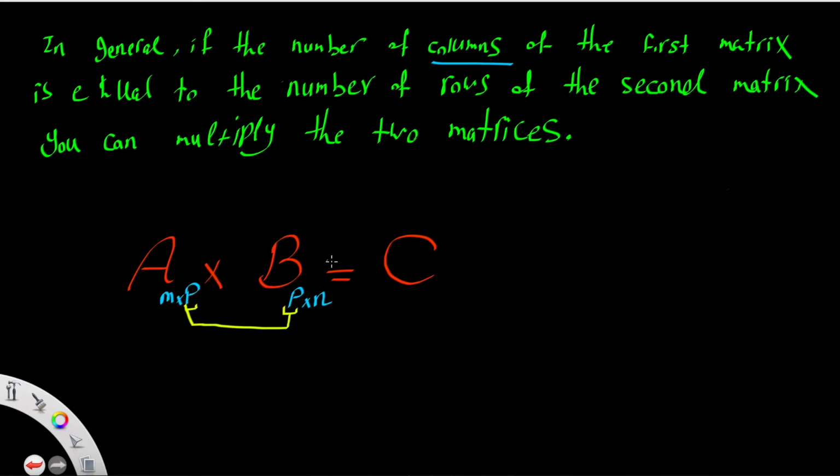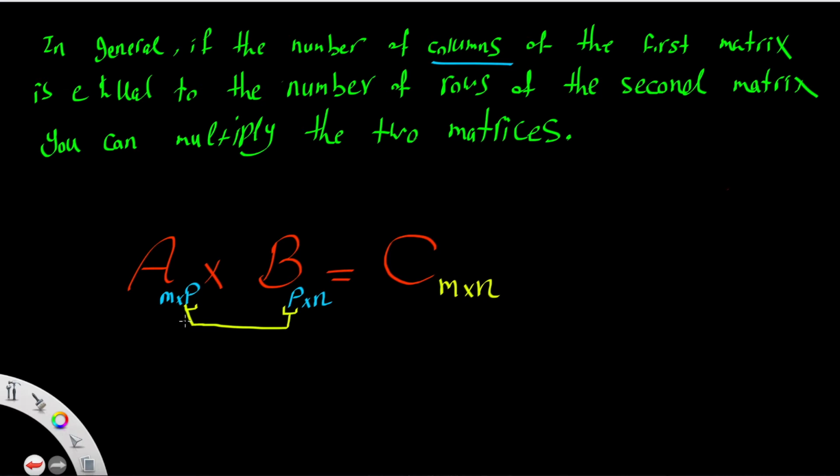Then the product matrix will be a matrix of order m by n, as if these two common interior numbers will be omitted and the exterior ones remain.